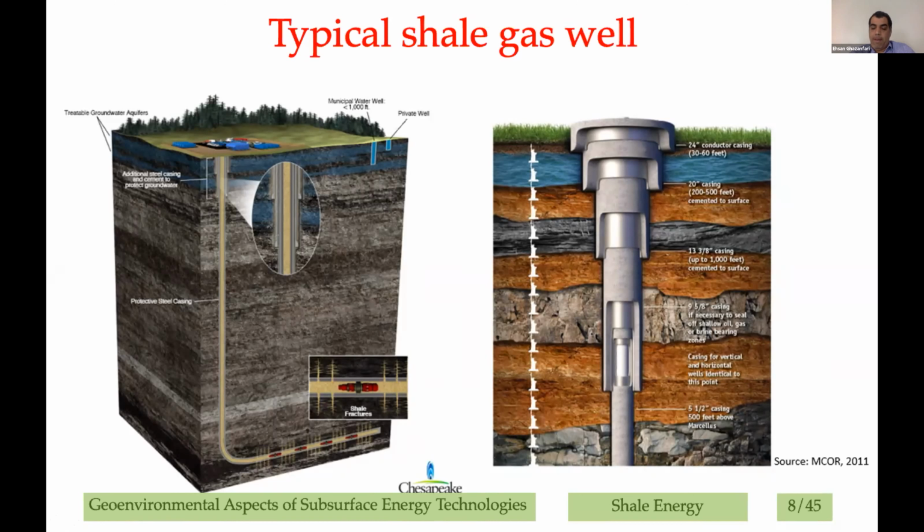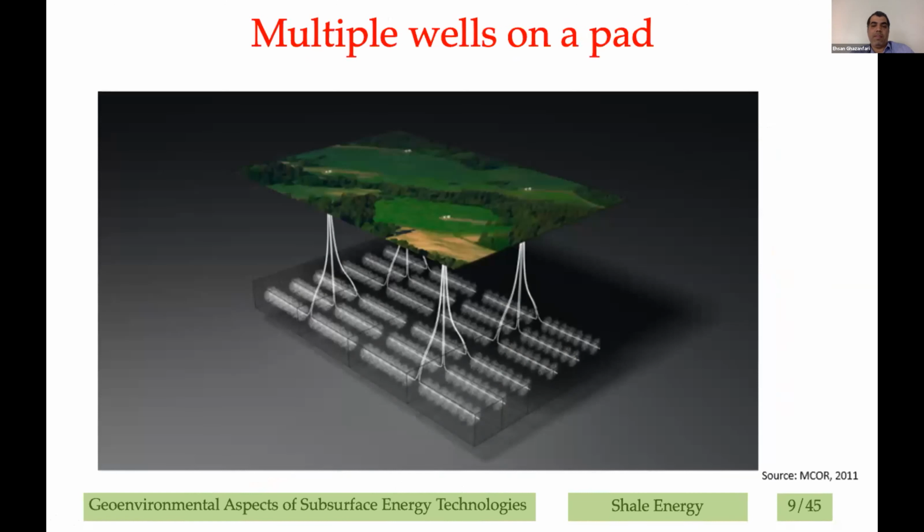This has improved over the years as industry safety has improved, but there is still significant risk for groundwater contamination, despite the fact that the well casing design and performance and also the construction process has improved in the field.